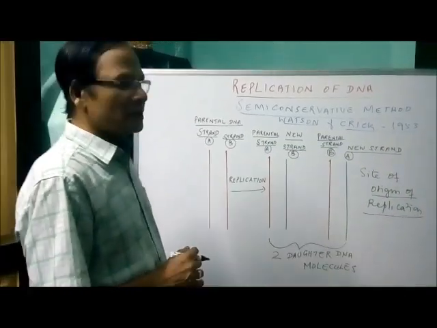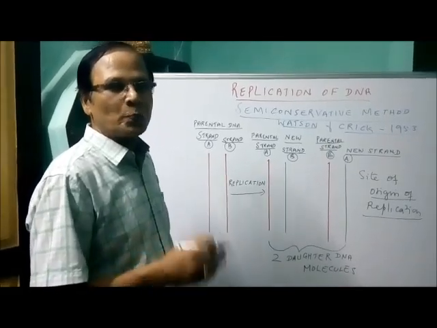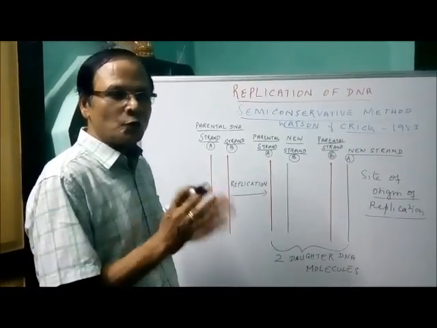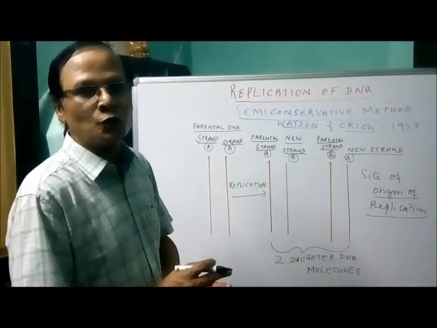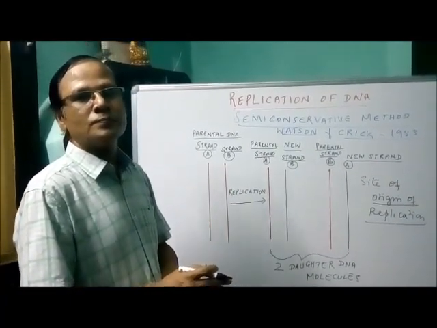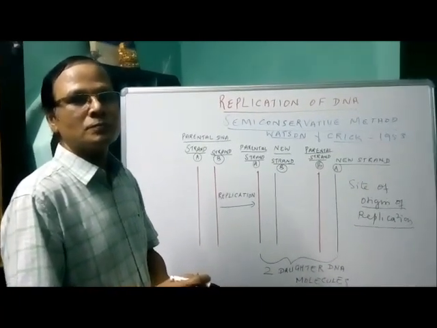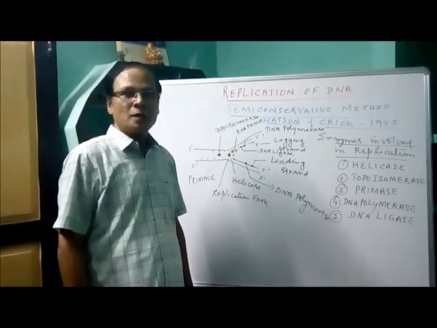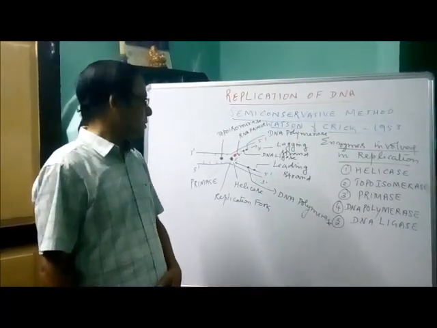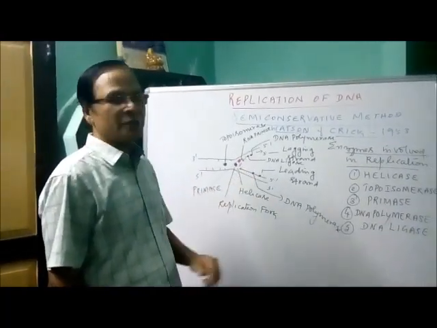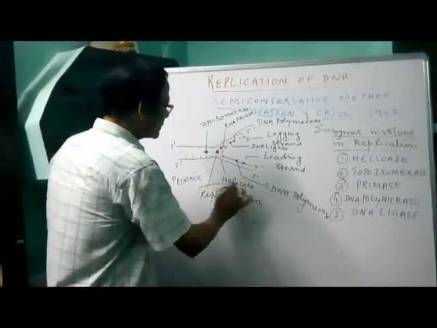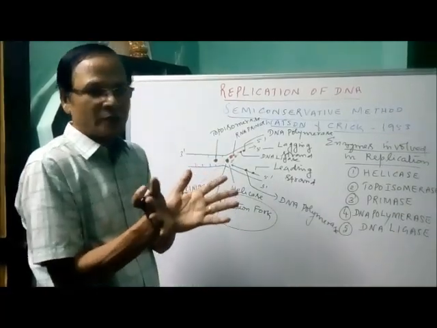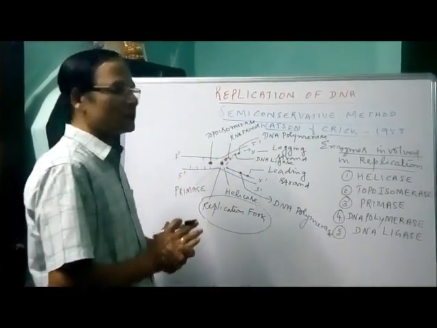At that site, the two strands open and separate to form a fork-like structure, a bifurcated structure called the replication fork.